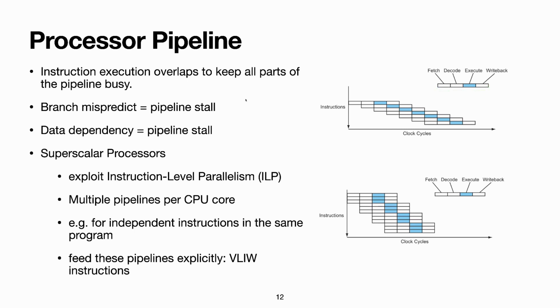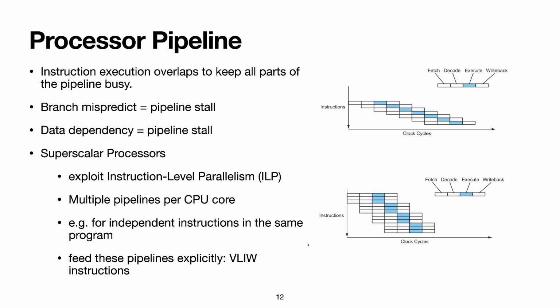There are some advanced variations on this theme, and the first is the superscalar processor, which you can see on the second chart here. Superscalar processors exploit instruction-level parallelism, or ILP, to run multiple pipelines in parallel on the same CPU core. This can be used to run multiple instructions that don't have data dependencies in parallel.